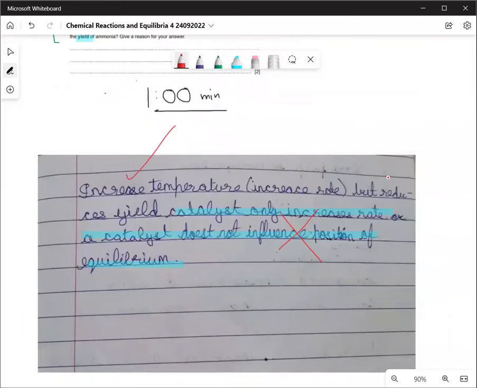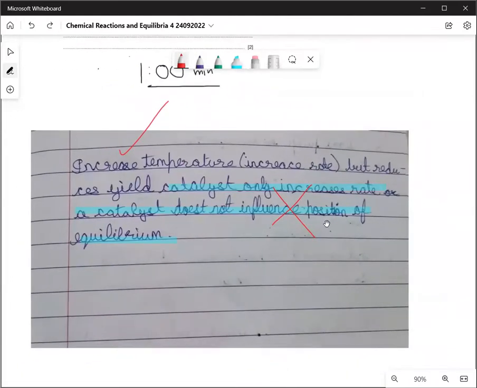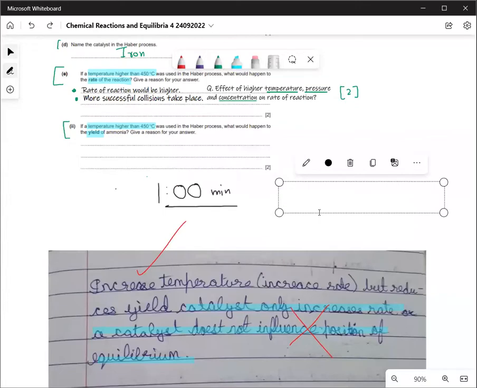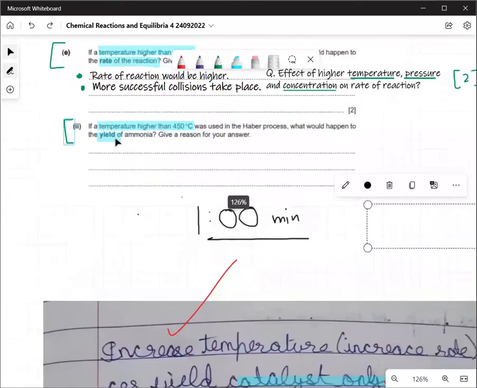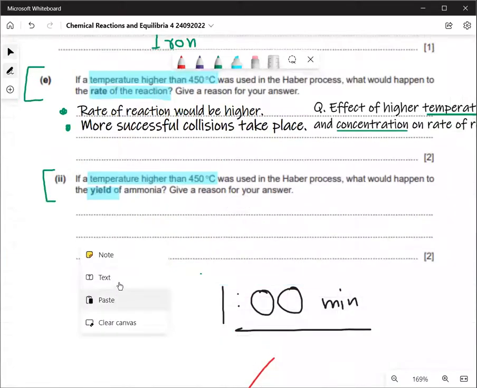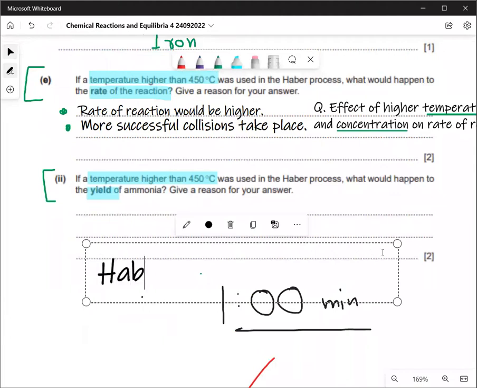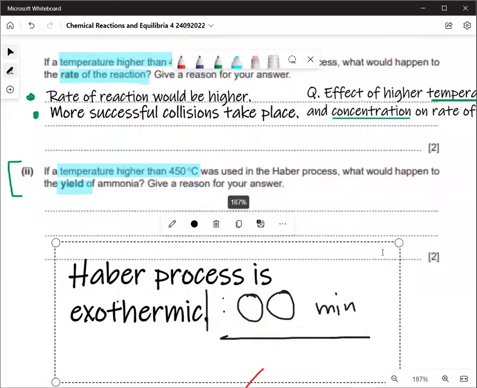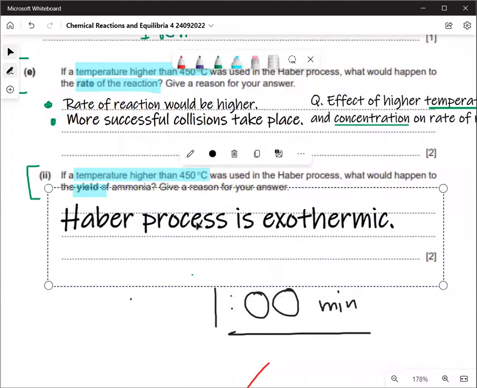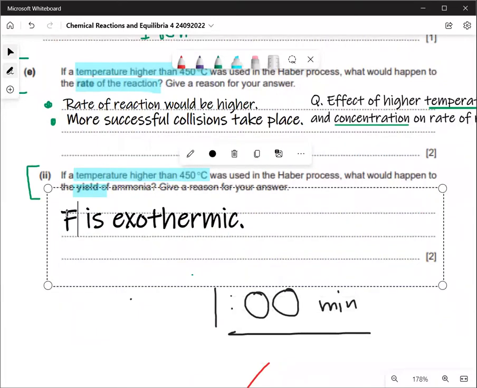Good job on this. But you have to add one more thing here. Why does this happen? You need to write why it reduces yield. Look, I'll write the answer here and please see what the answer is. Haber process is exothermic. Or let's just say the forward reaction is exothermic.